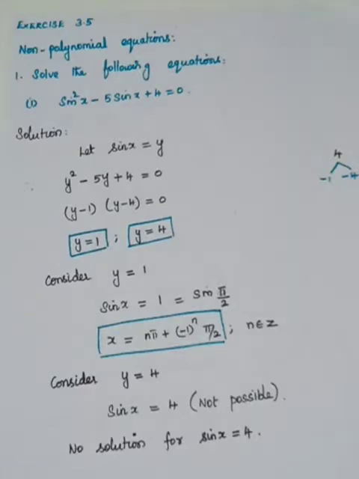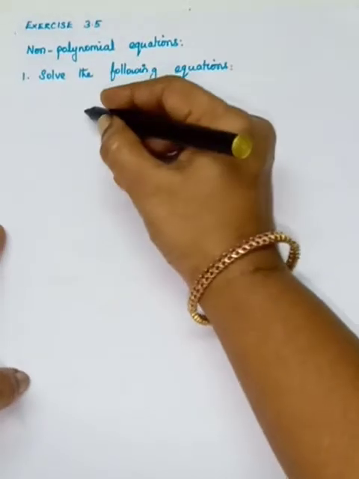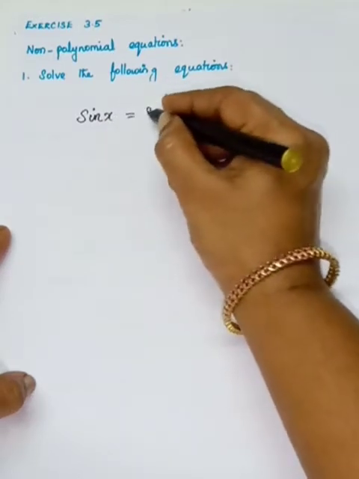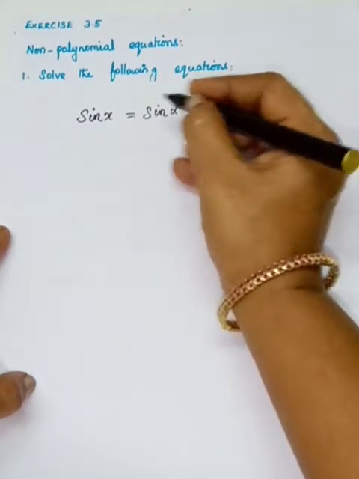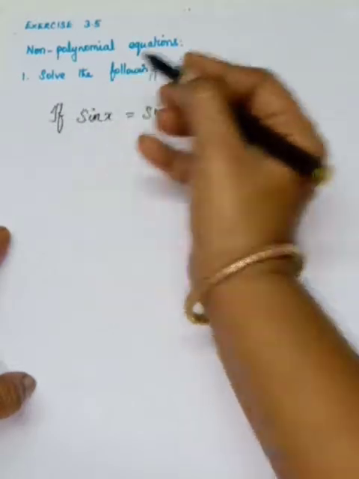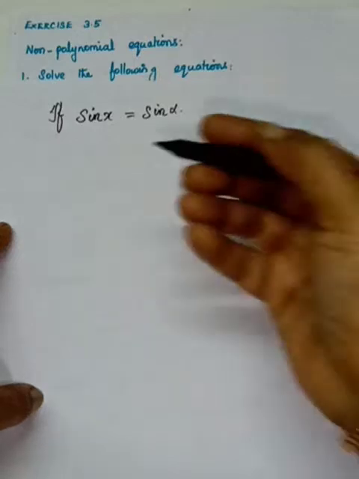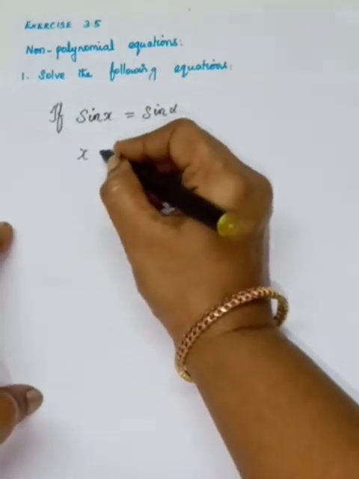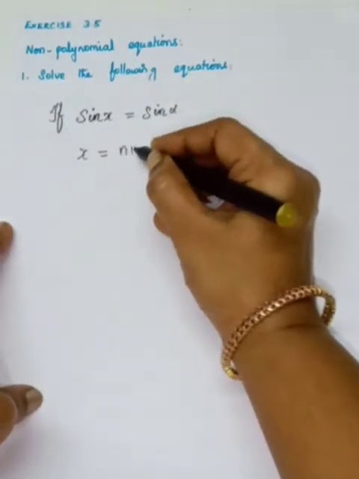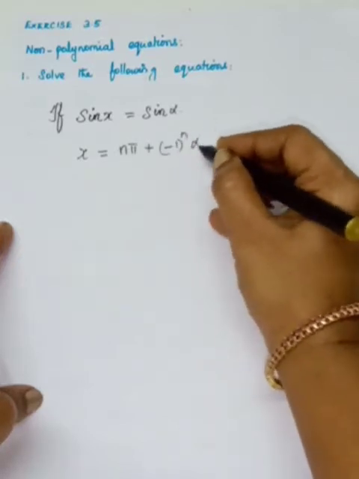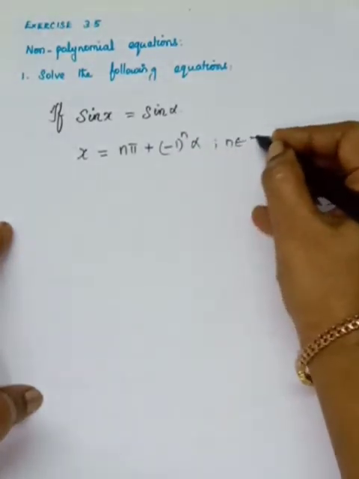It is in the form that in 11th standard trigonometry we have studied: sin x is equal to sin alpha. If the equation is like that, the general solution is x is equal to n pi plus minus 1 the whole power n into alpha, where n belongs to z.